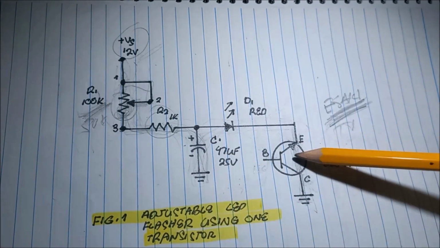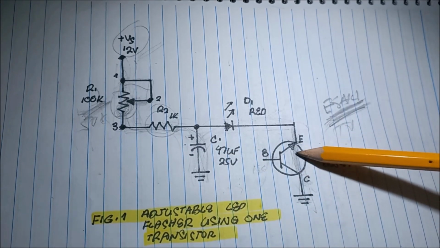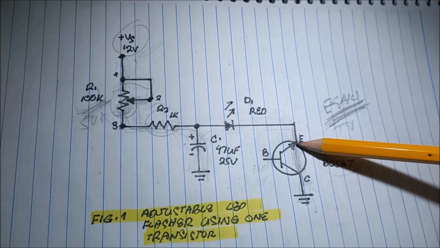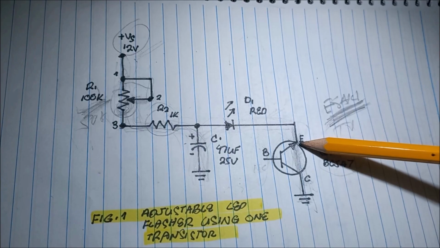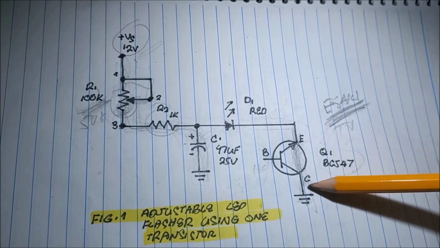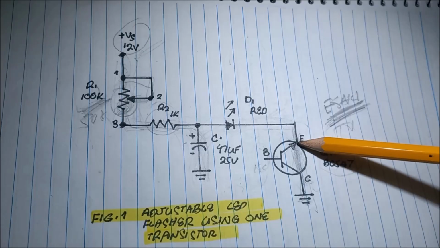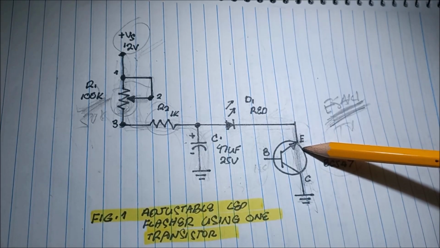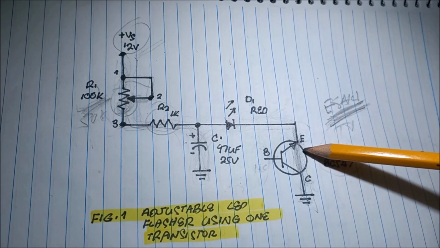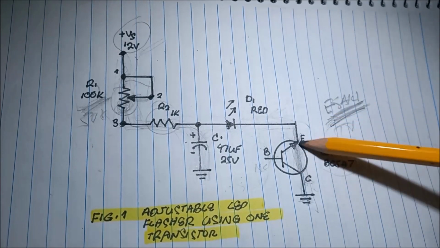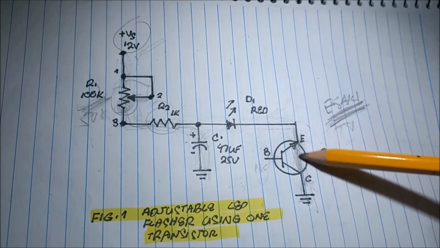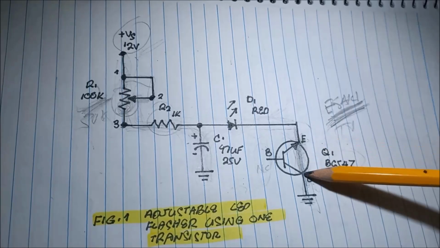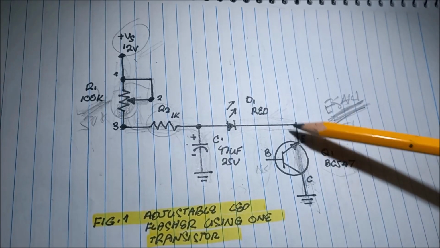Because of the tunnel effect, or this negative resistance effect. It will be just like a closed switch, emitter to collector, what they call the avalanche effect, or breaking the junction barrier. It will short this emitter to collector junction of the transistor.